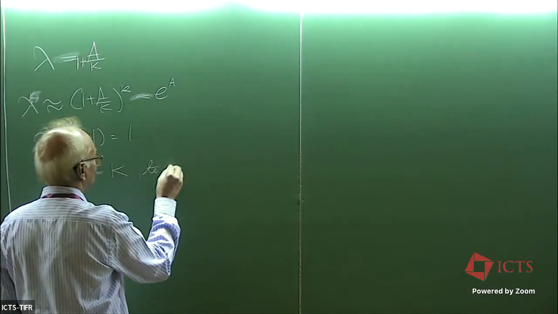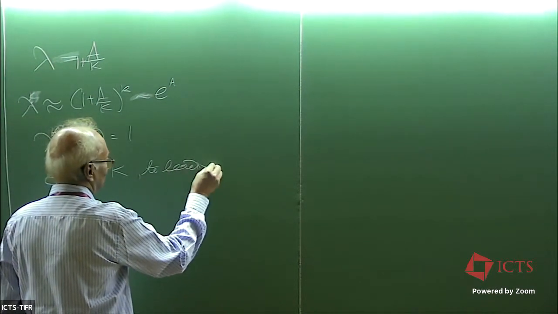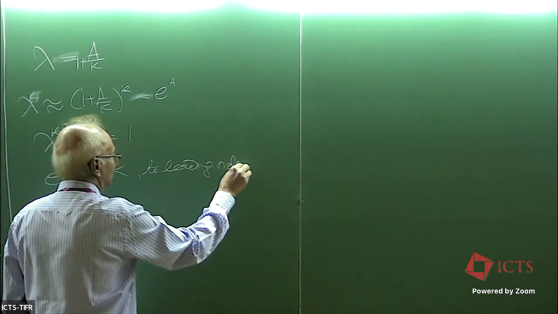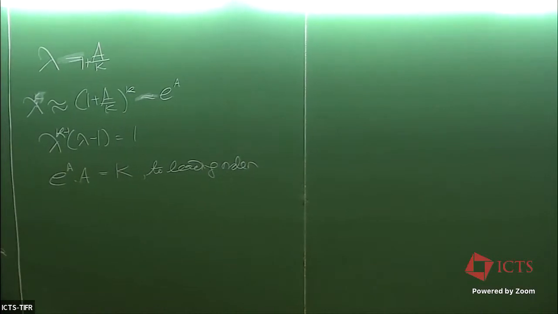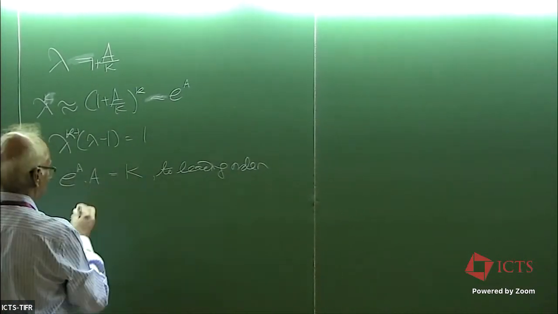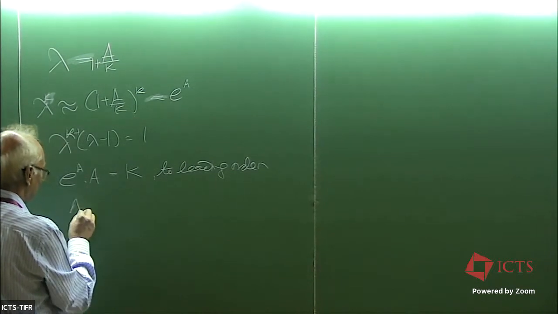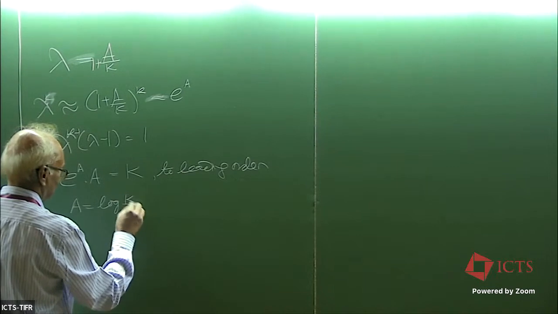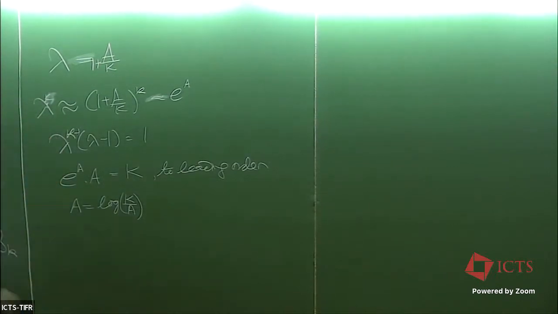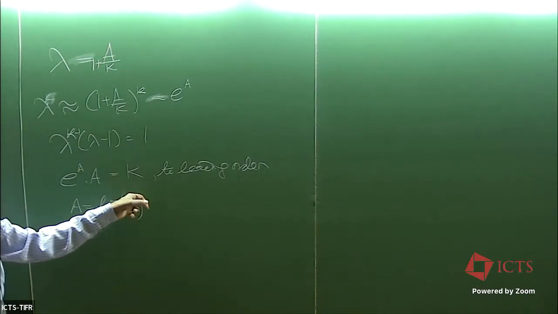Now this equation is a well-known equation. It's called the Lambert equation. But for the students, let me just say that you can take this here and say a is equal to log k by a. So the leading behavior is that a goes like log k.